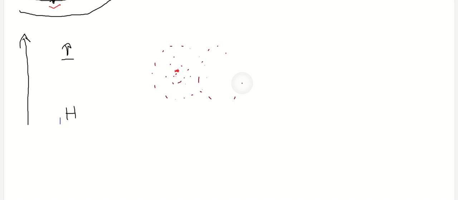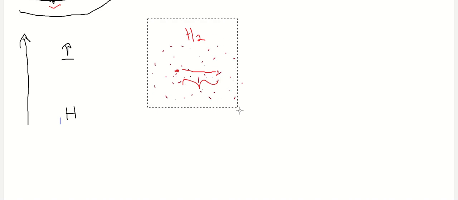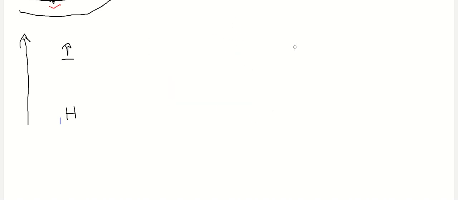This would be like hydrogen, H2. You can take the bond length of that molecule and get half of that bond length. That's one way to measure the atomic radius. It turns out hydrogen is about 37 picometers.